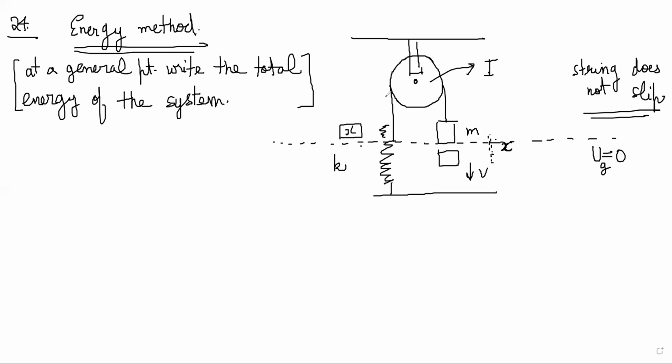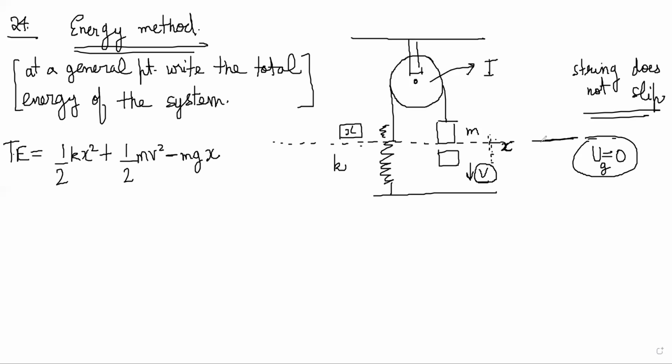Total energy of the system will be the energy of the spring, which is half kx square, plus the energy of the mass, which is half mv square. It has acquired some velocity while falling down, but it has also gotten a slightly negative potential energy, minus mgx, because you took the zero level of potential here.